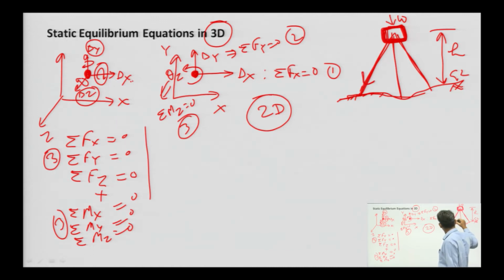So, if they are giving pressure to the earth by this force, then to have equilibrium of this leg, this nature of force must be there, and that is compression.